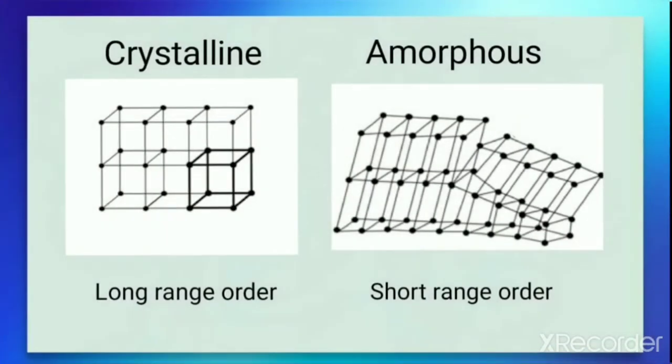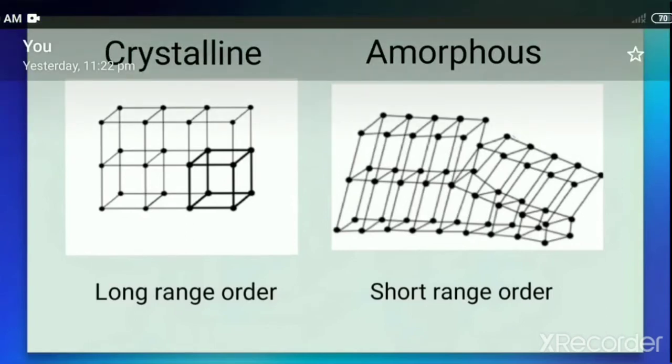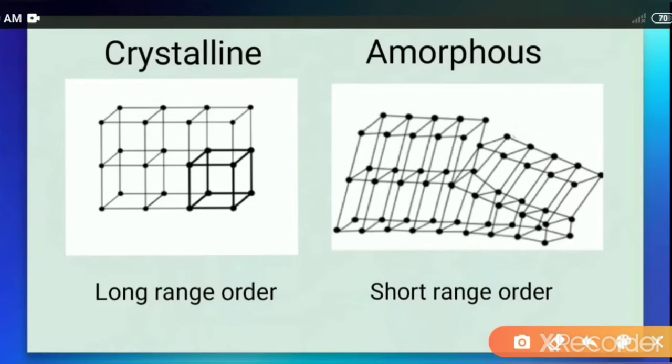In crystalline solids, whatever patterns are there, you can see that the patterns are there as they are for a long range. But in amorphous, there will be some regular pattern up to here, there is a regular arrangement of particles, but after that we can see the pattern gets changed. So that means the amorphous solids also have some regular pattern, but that regular pattern is for a short range.